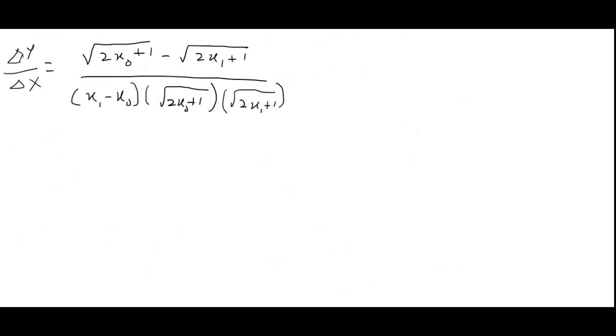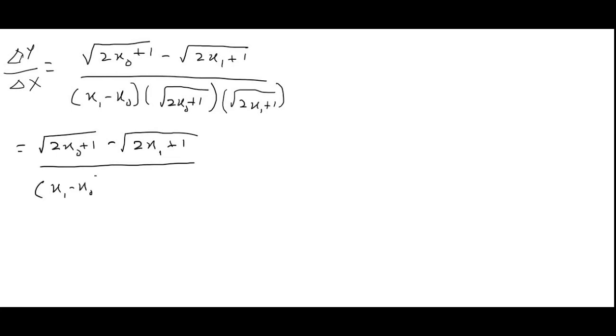Now rationalizing, under root 2x0 plus 1 minus under root 2x1 plus 1 whole divided by x1 minus x0.